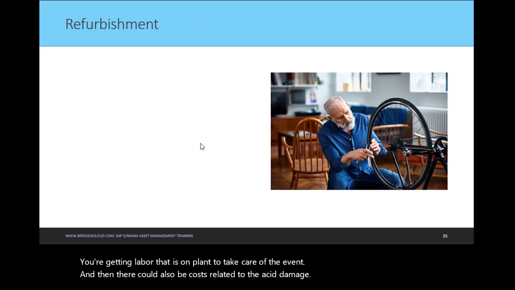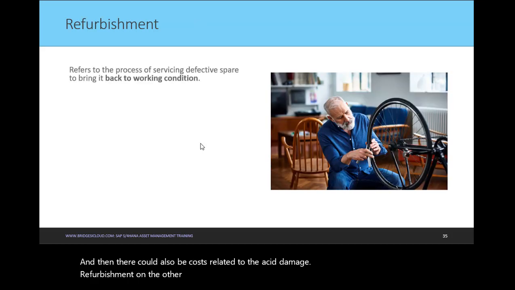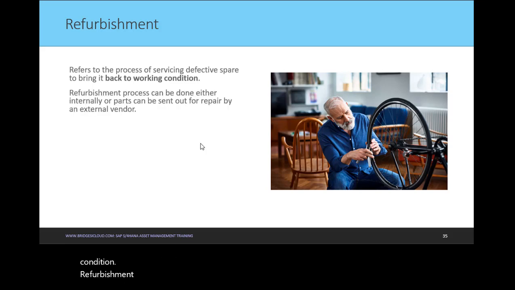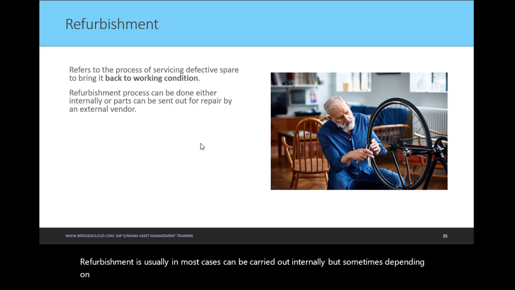Refurbishment, on the other hand, is the process of servicing defective parts, and the intention is to bring them back to working condition. Refurbishment, in most cases, can be carried out internally, but sometimes, depending on the skills and resources that you have internally, you can outsource that to external vendors.